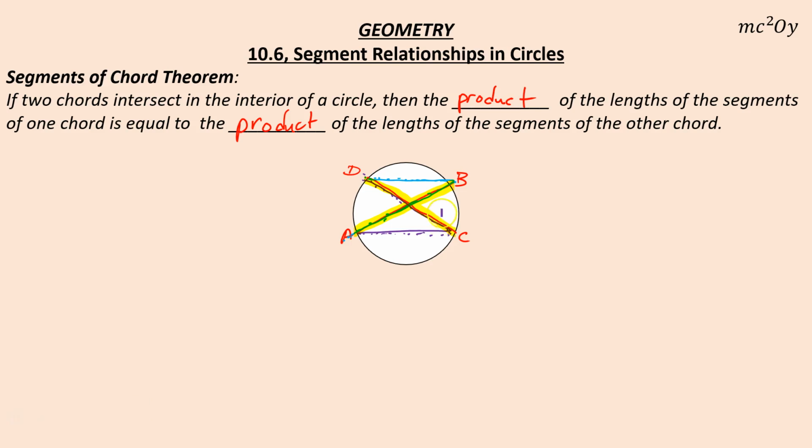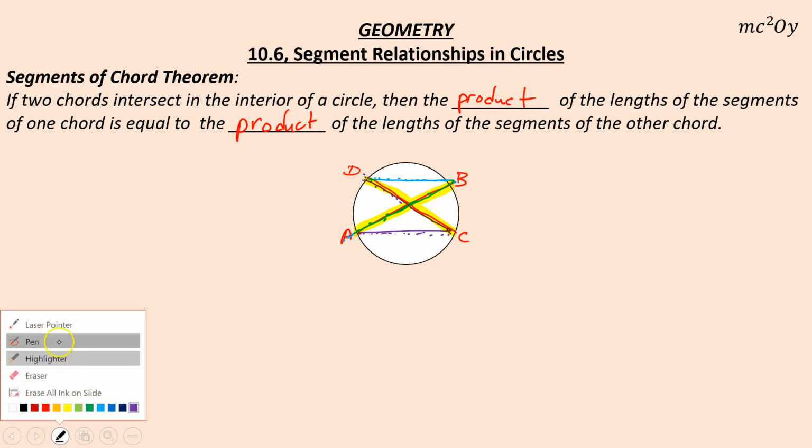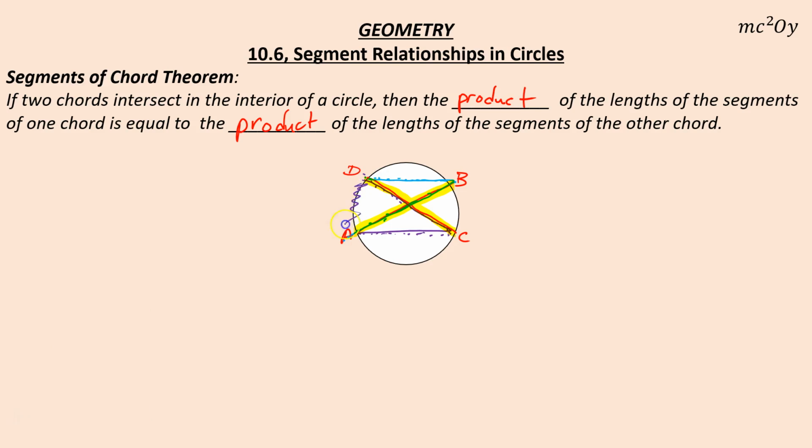So really what we know about those two angles, since they intercept the same arc DA, so DBA and DCA intercept arc DA, those two angles are congruent. Okay. I also know that I have vertical angles right here and right here.